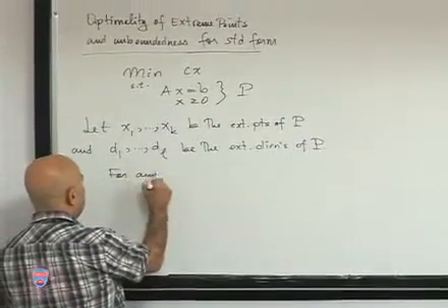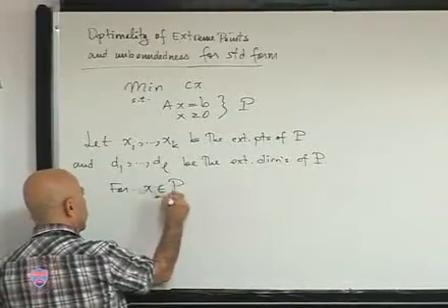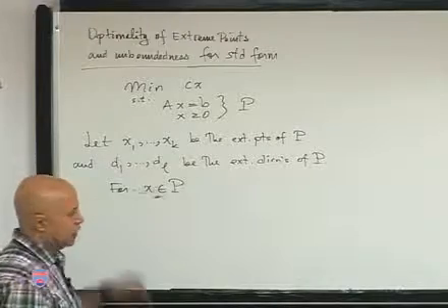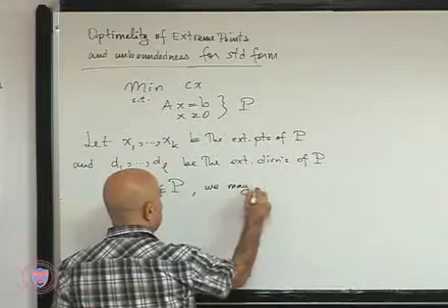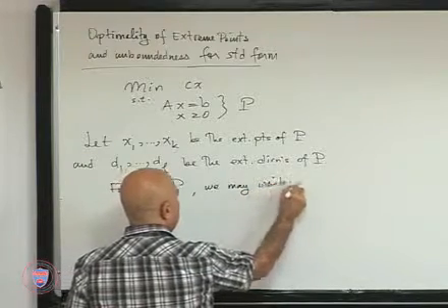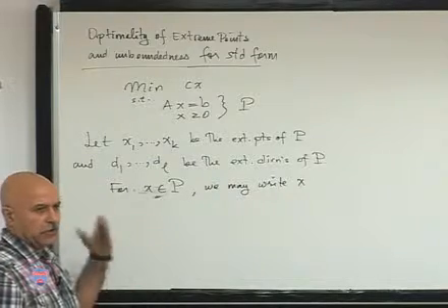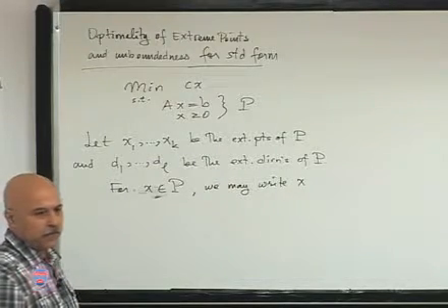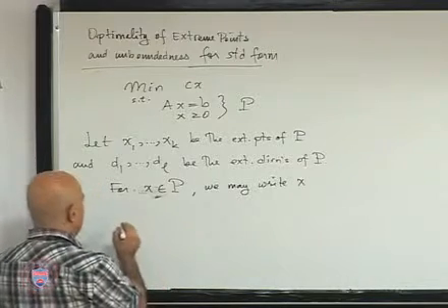For a picked point x in P, this is a feasible point, we may write x as a convex combination of the extreme points plus a non-negative combination of the extreme directions.